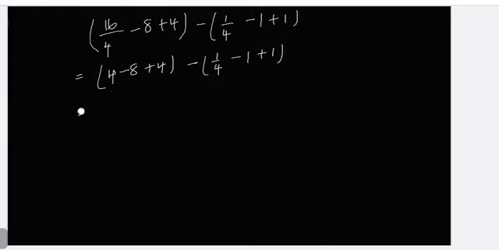So this will be equal to 4 minus 8 plus 4, then all of that is 0, minus 1 over 4 minus 1 plus 1 is 1 over 4. So 0 minus 1 over 4 is negative 1 over 4. You notice that we have a negative sign on the area, and we really want to see what this means.